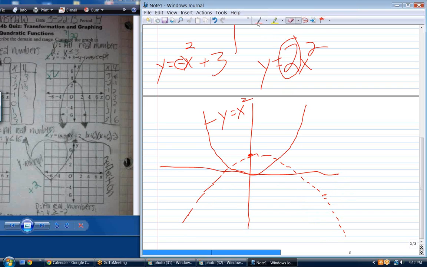It reflects and then translates up the y-axis 3. That's a vertical shift of 3. In other words, the best explanation would be it's a reflection about the x-axis and a vertical shift up 3.